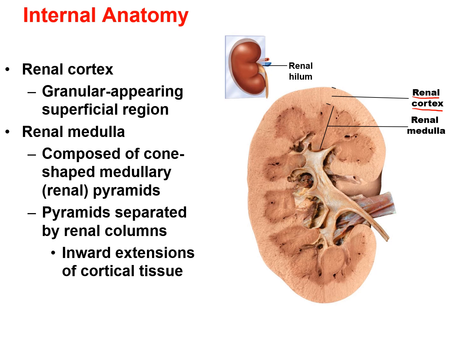If you look deep to your renal cortex, these areas that are going to be kind of a darker tan or a darker red color, this is going to be your renal medulla. So deep to your renal cortex is your renal medulla, and the renal medulla is going to be composed of these triangular or cone-shaped structures that are referred to as renal pyramids.